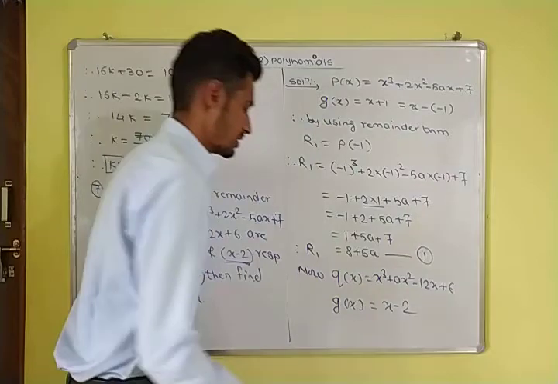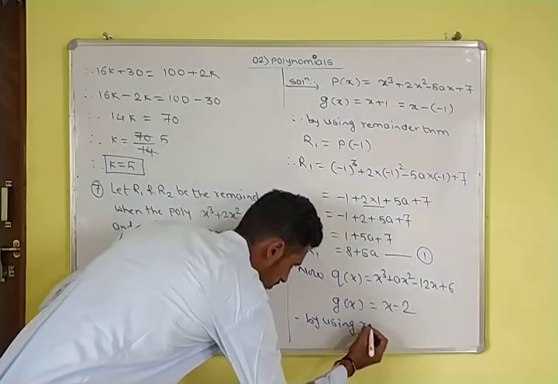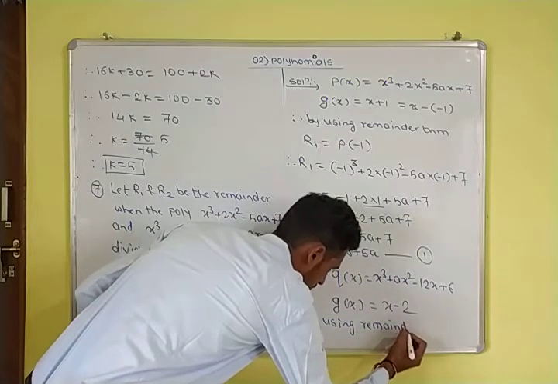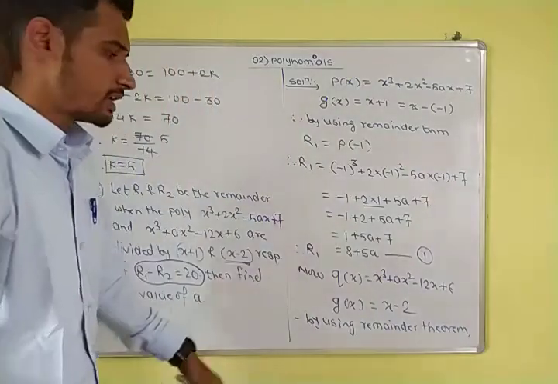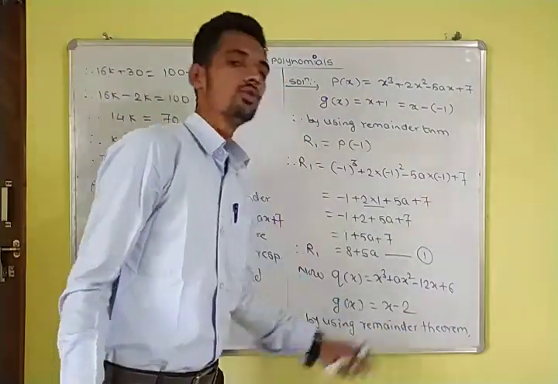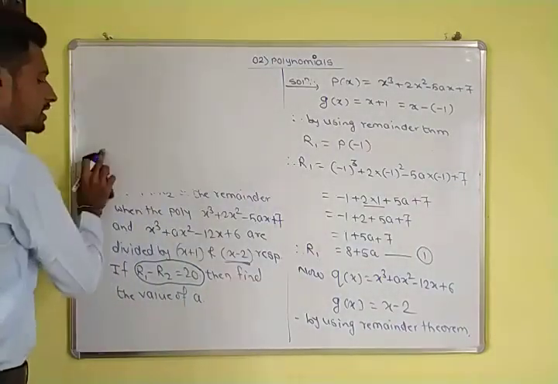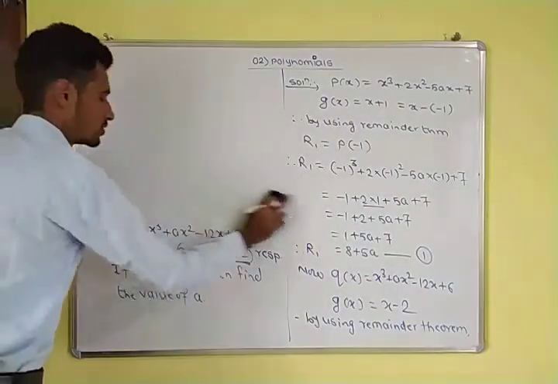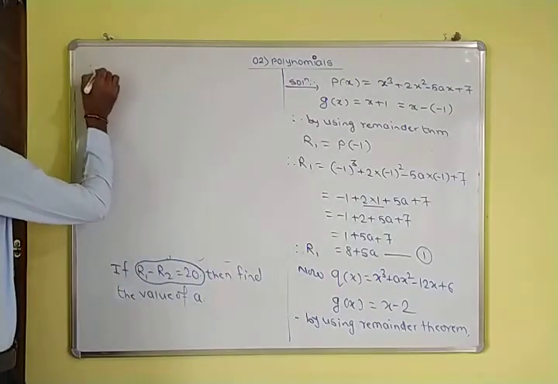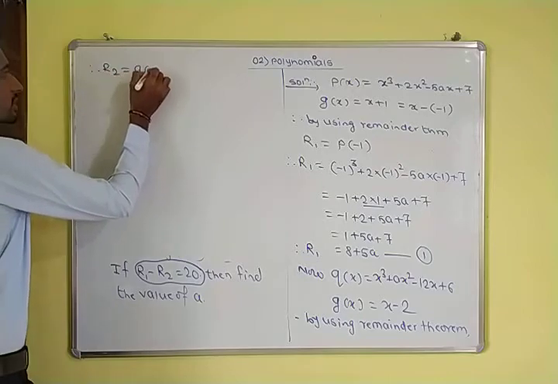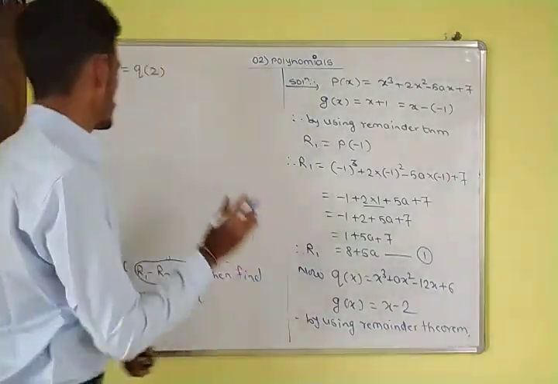Therefore, by using the remainder theorem, the remainder is q of 2, because instead of x minus a we have 2, and the remainder is denoted by r2. Therefore r2 is equal to q of 2, so we put 2 in place of x.